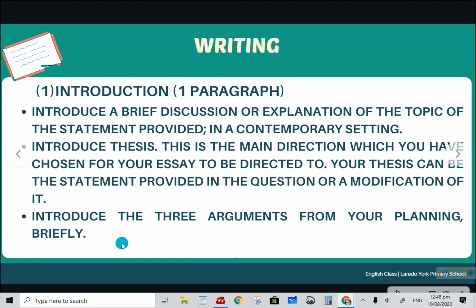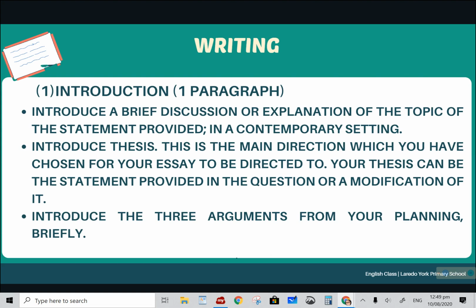The third thing that you do in your introduction is to introduce the 3 arguments from your planning briefly. Notice that I have the word briefly there. So the three arguments that you came up with in your planning, you would introduce in your introduction briefly. It is very, very important that your examiner is able to identify these three aspects within your introduction.